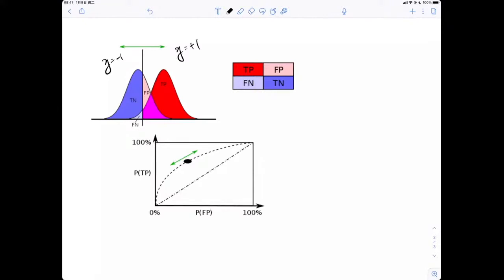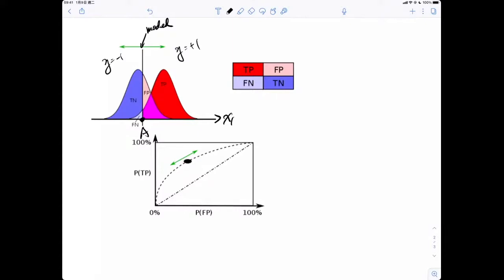And your model, which is this black line, says, okay, this is less than a certain value, for example, a. So the blue parts are all correct, true negative. On the contrary, at the right hand side, the red parts are data points labeled as y equals plus 1.